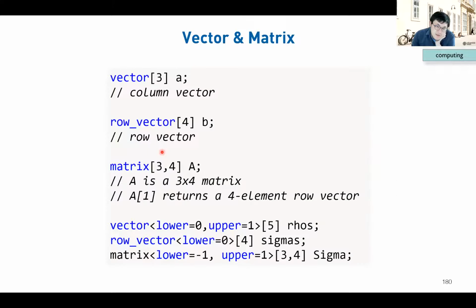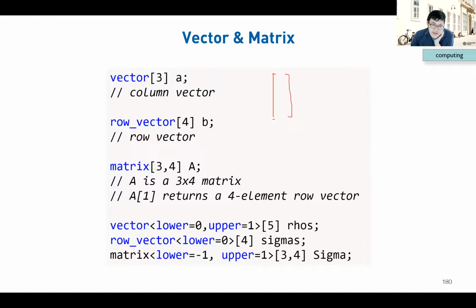And we don't usually deal with only one single number. It's either real or integer, just one number. But when we have a larger data set, we have maybe a vector, maybe a matrix. So how do we do that? Here we have the dedicated data type called vector, and dedicated data types called row vector and matrix. The difference between vector and row vector is that, by default, vector is a column vector.